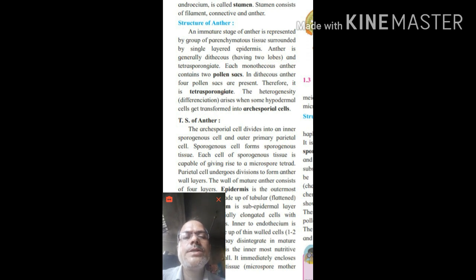In each lobe, two pollen sacs are there. That means in a dithecous anther, two lobes with two pollen sacs each, so four pollen sacs are there. The pollen sacs are also called pollen chambers.